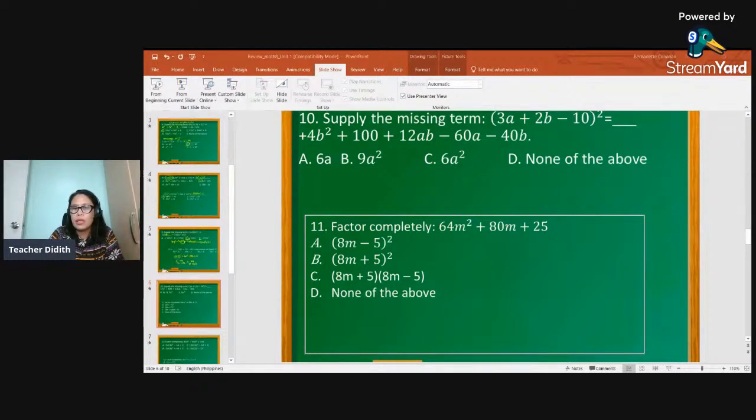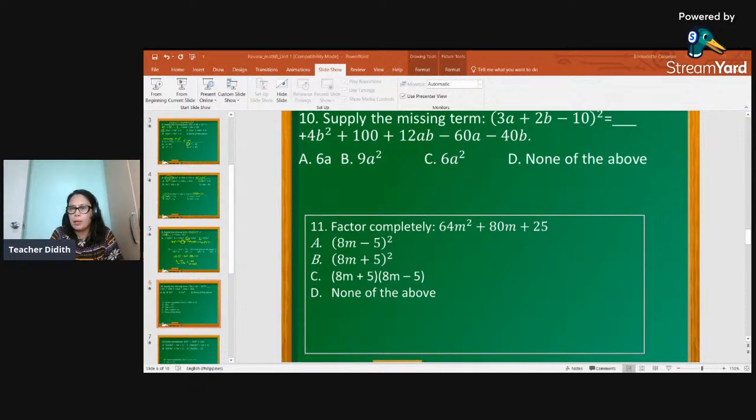No? So, why is it perfect square trinomial? The first and the last terms are perfect square. And the factors are just the square root of 64m squared. So, the square root of 64m squared is 8m. And the square root of 25 is 5.